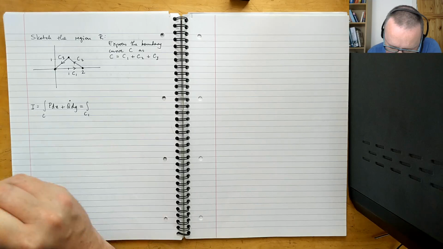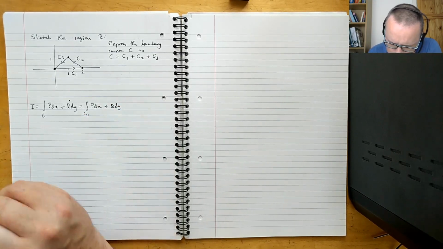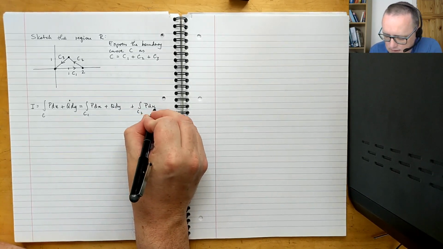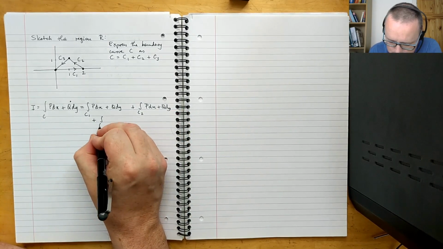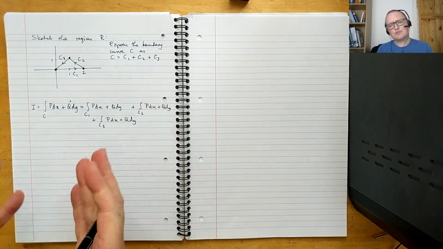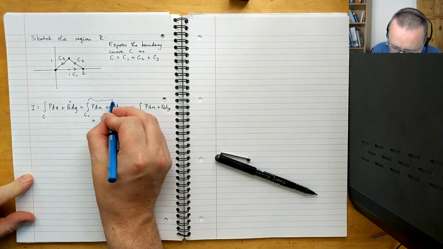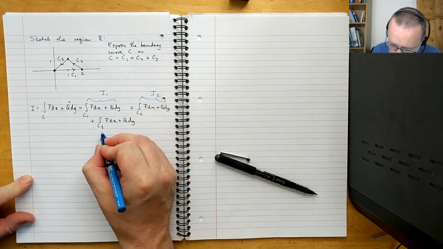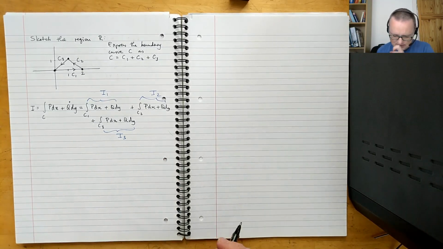So this is going to be the integral along C1 of P dx plus Q dy, plus the integral along C2 of P dx plus Q dy, and along C3 P dx plus Q dy. So I've got 3 subintegrals to evaluate here. Just to make it easy to refer to them, I'm going to call this I1, this one I2, and this one I3.